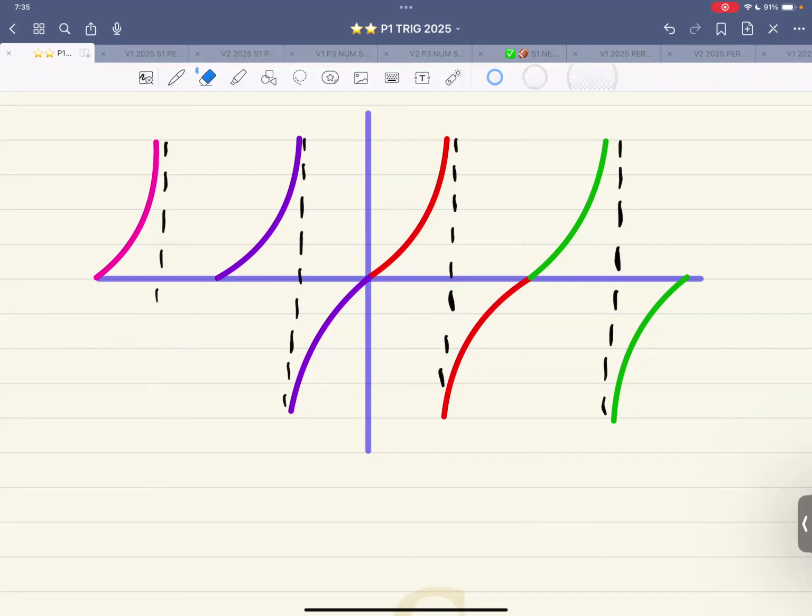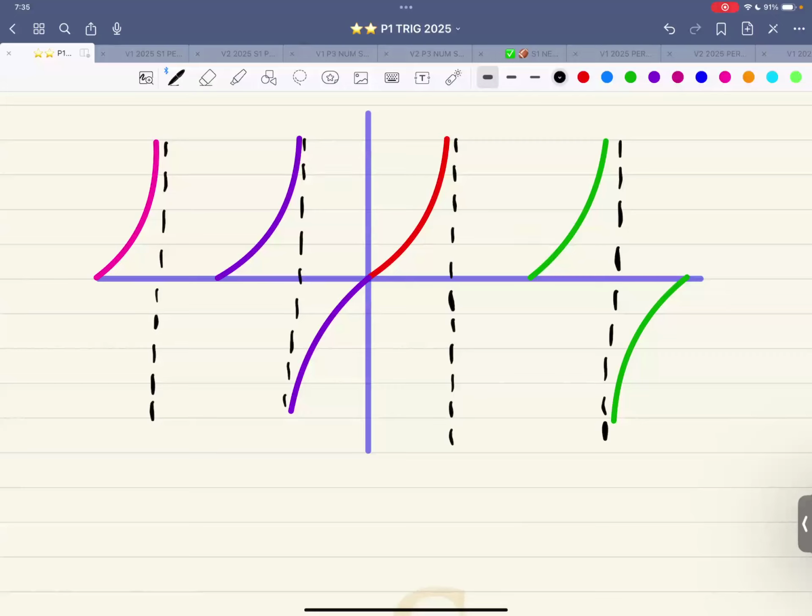And let me just remove this. Let me first draw it. And let me do this correction on this also. Okay. So first of all, let me grab the green color.